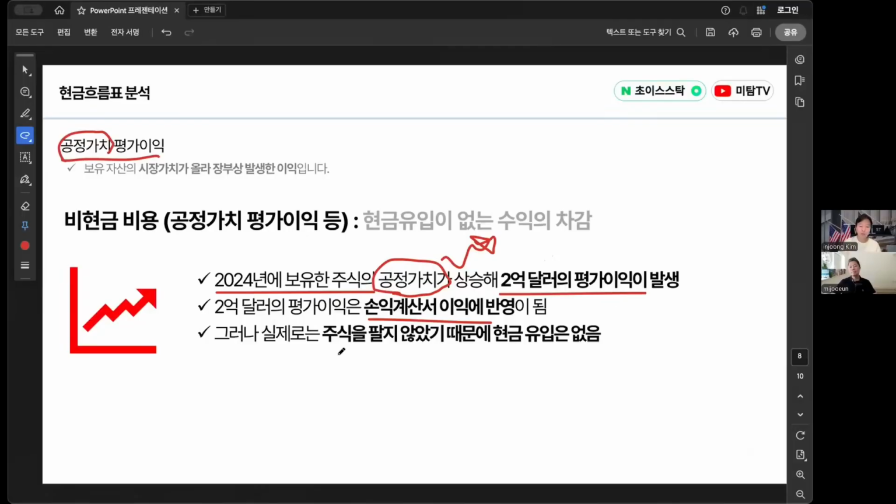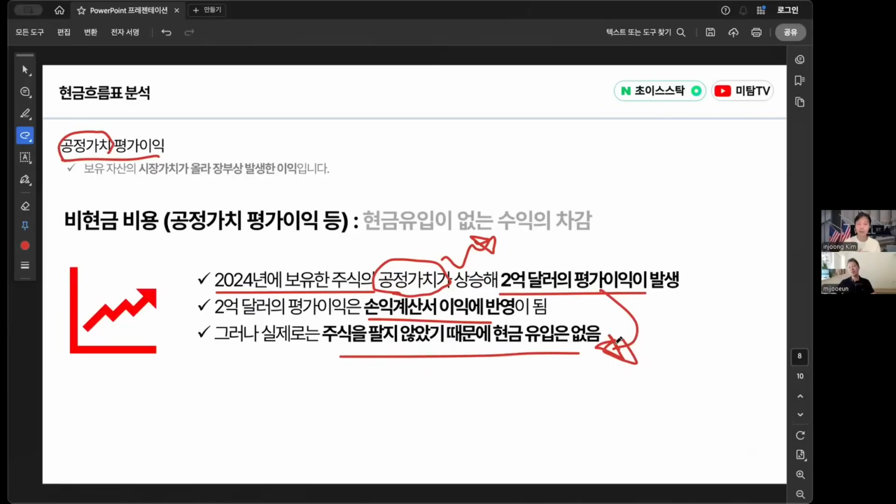But in reality, since they still hold the stock, this $200 million hasn't actually come in as cash. It's just an appraisal gain. For example, if you own NVIDIA stock and you've made a 50% profit, that's just an appraisal amount. This is what fair value appraisal means. If it drops by about 20% a day, that profit can decrease at any time.